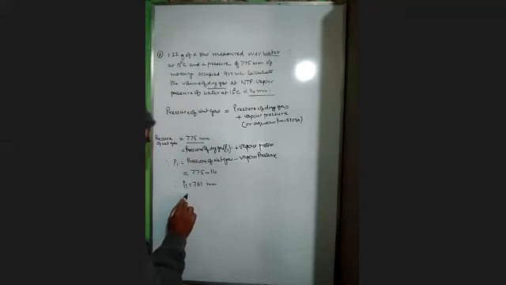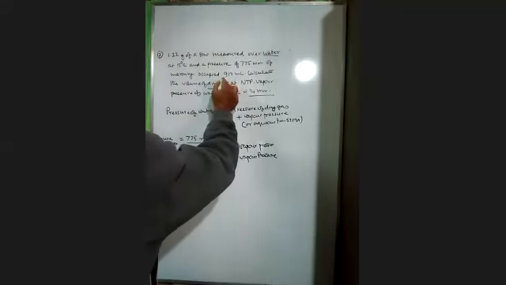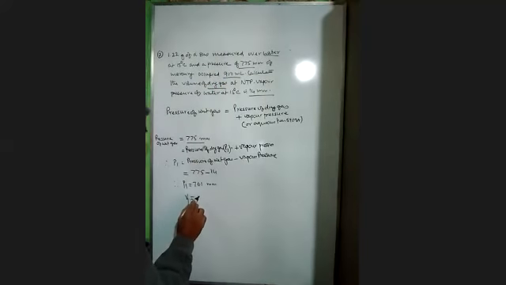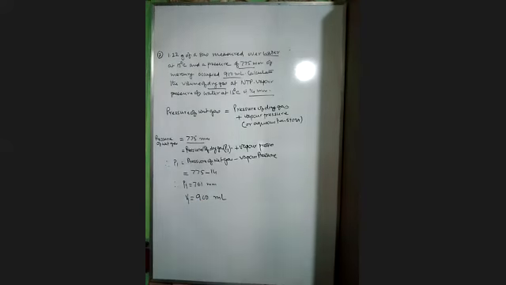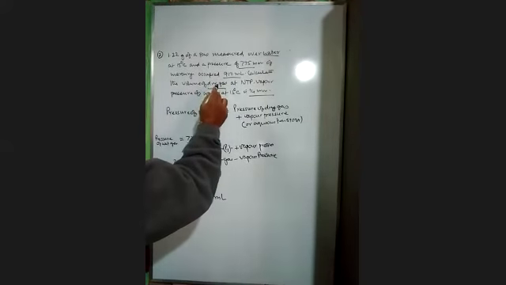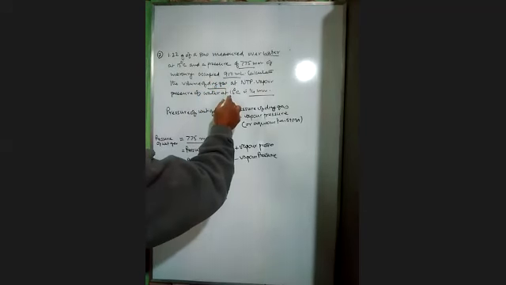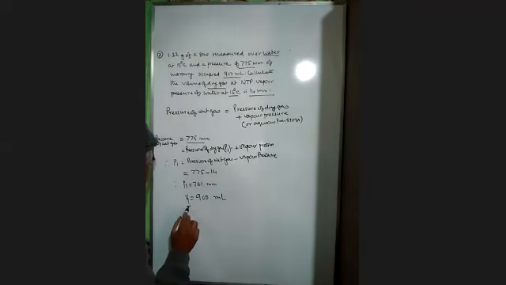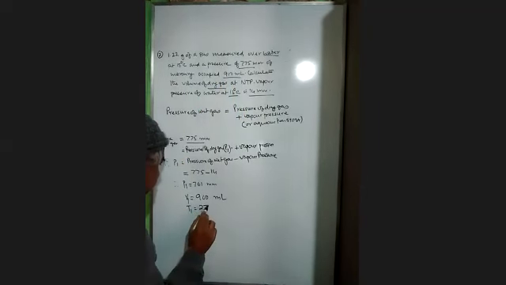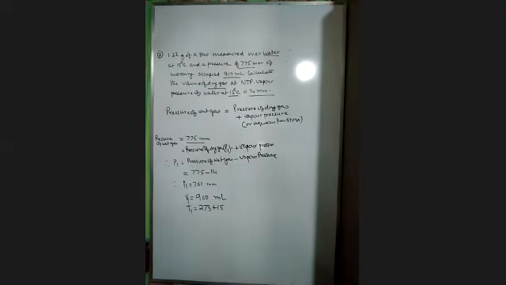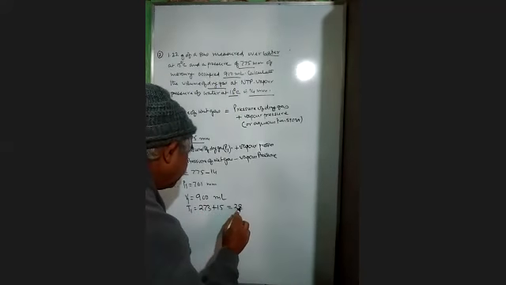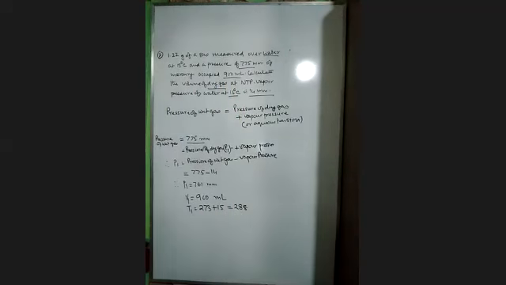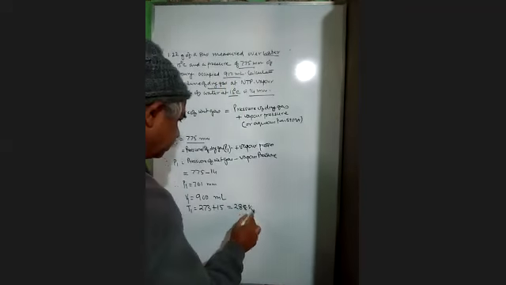Volume they have given: 900 ml. Then temperature is 15 degrees, so T1 is equal to 273 plus 15, which is 288 Kelvin.